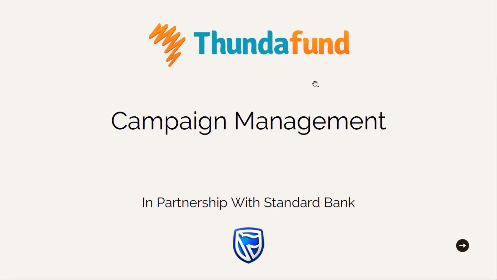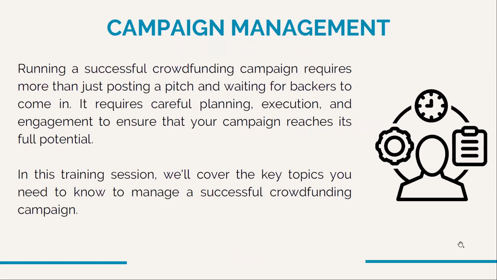So again, I've said today we're talking about campaign management, which is very important. While you're creating a campaign, when your campaign is live, and also as it comes to an end, there's a type of management that has to be implemented to make sure that everything runs smoothly. To run a successful campaign, it does require you to be able to manage it in a way that allows things to move smoothly.